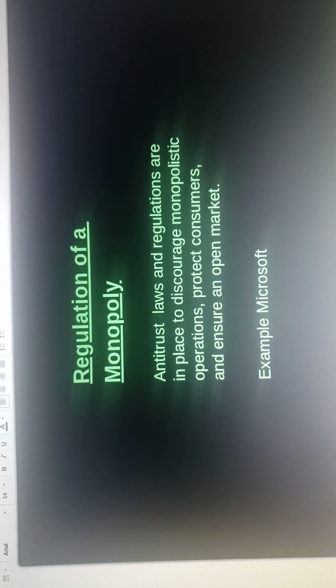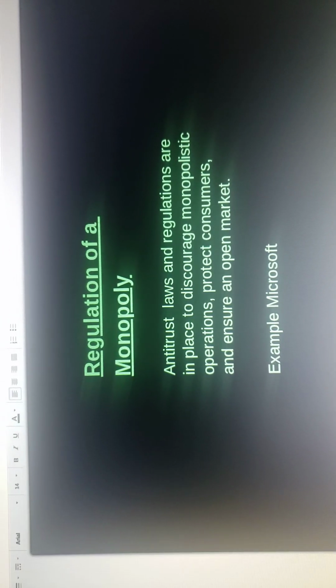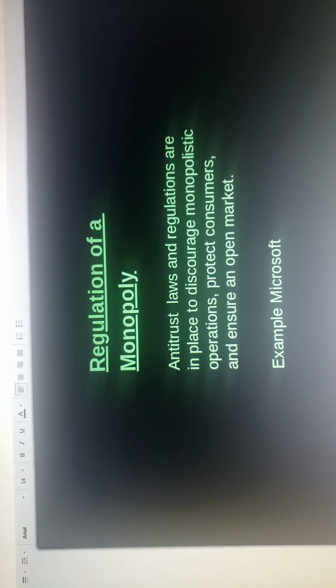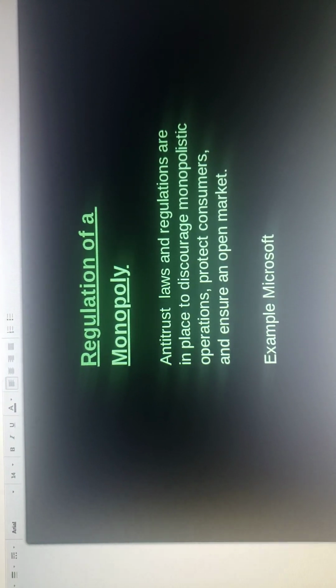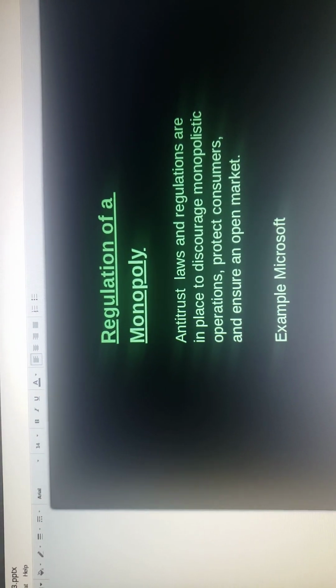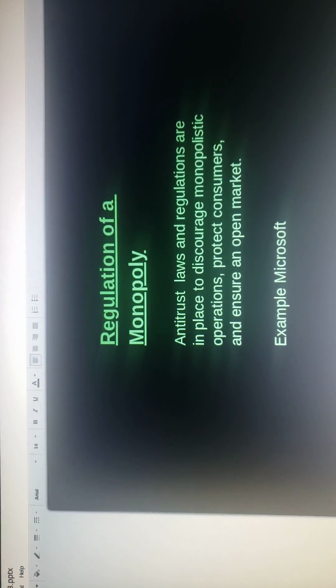They were brought in front of the federal district court because the market share they had in their personal computer operating system basically prevented competition, and they were maintaining a monopoly.